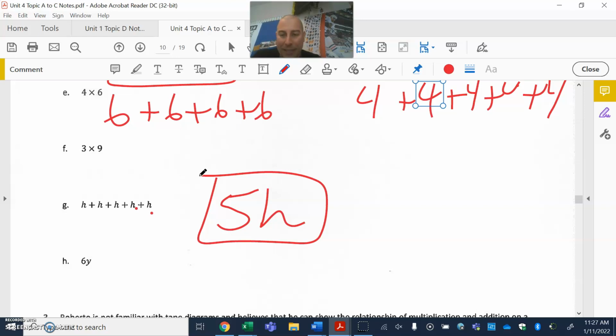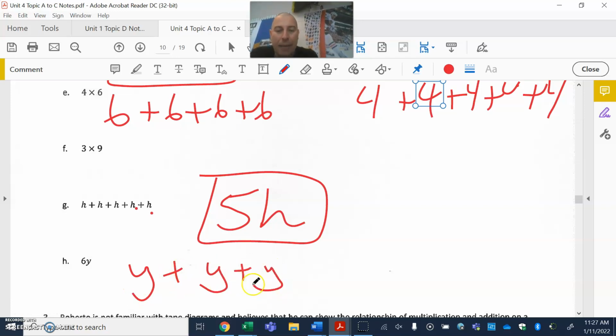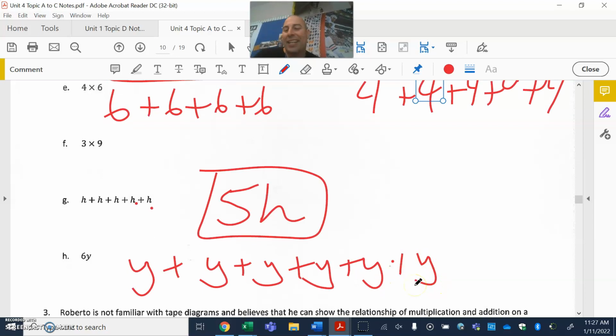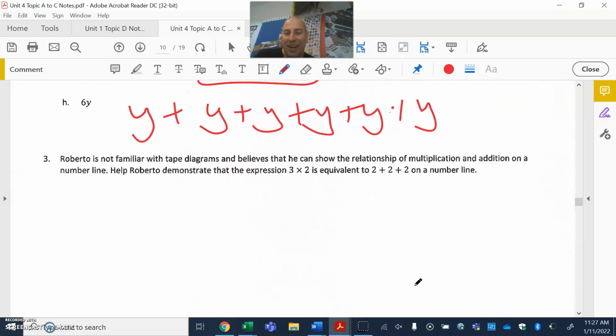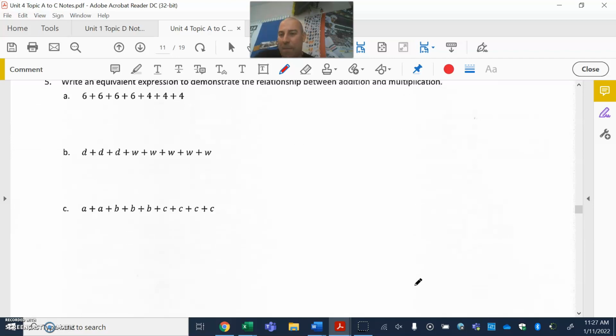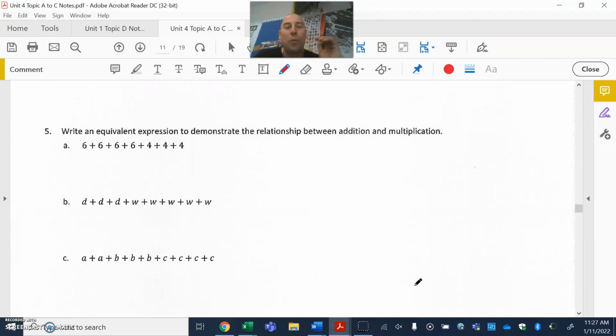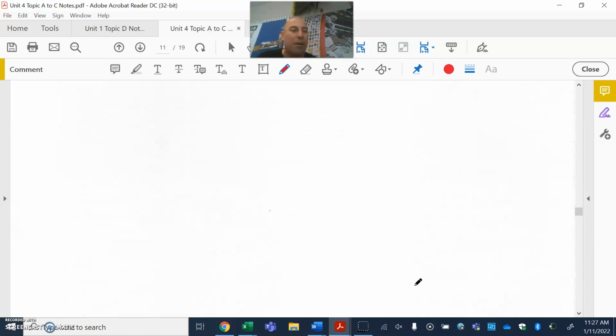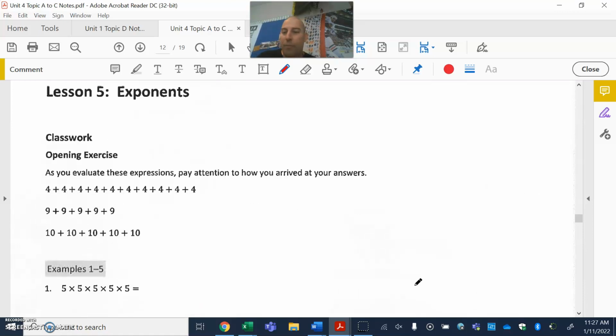So that's repeating Y 6 times. And again, because it's multiplication, that's how we know it's an addition problem that we're looking at. So that's what we are dealing with there. That's more of the same.